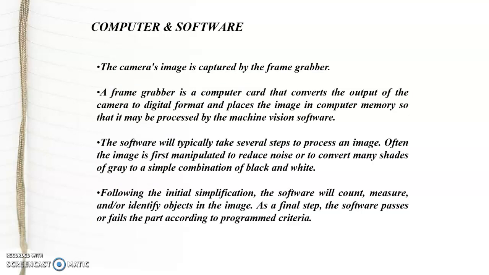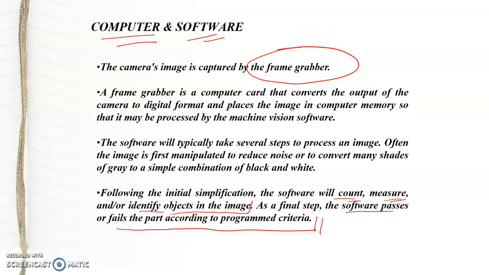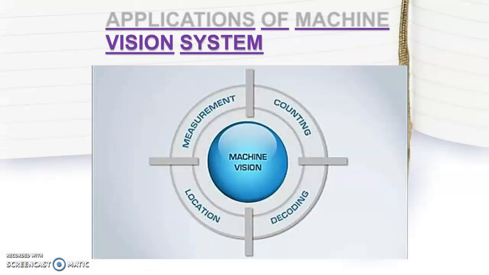The image captured by the frame grabber is then analyzed in a computer using software, and various processes are done on the image, and finally the software will either count or measure or identify the objects in the image, and as a final step the software passes or fails the part according to the programmed criteria.